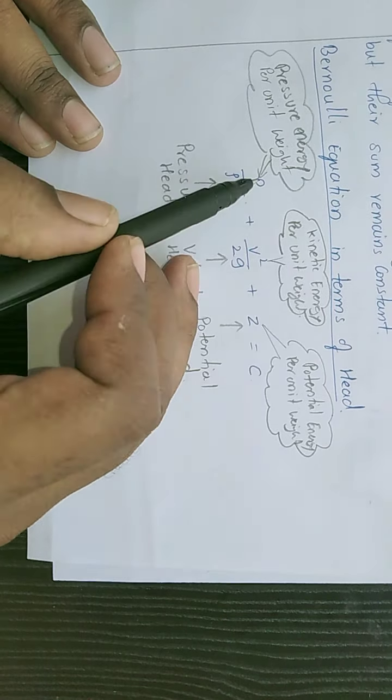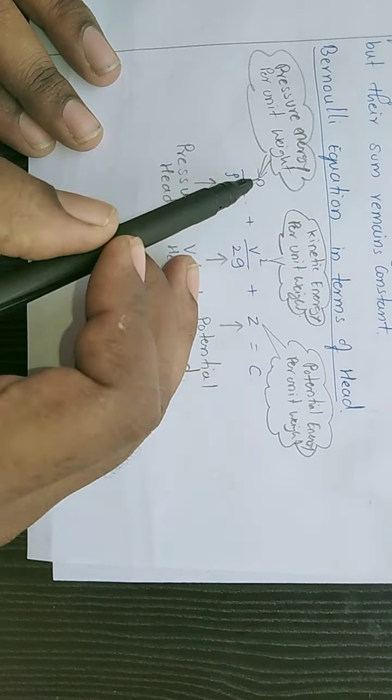It is pressure energy per unit weight, that you have to remember. This term we call pressure head, V square by 2g we call velocity head, and this term we call potential head. So it is pressure energy per unit weight, kinetic energy per unit weight, and potential energy per unit weight.